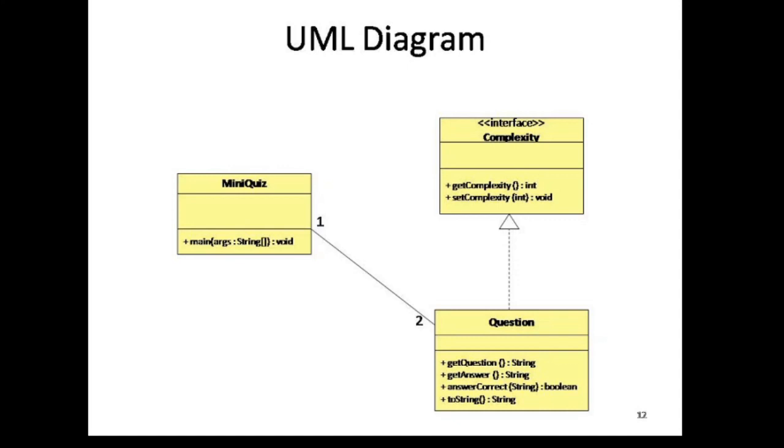And then there is a question class. Now this question class is implementing the interface complexity, and it is giving the body of get question and get answer, as well as adding a few more methods, as you can see in this class diagram. Now there's also a class mini quiz, and it has the main method.